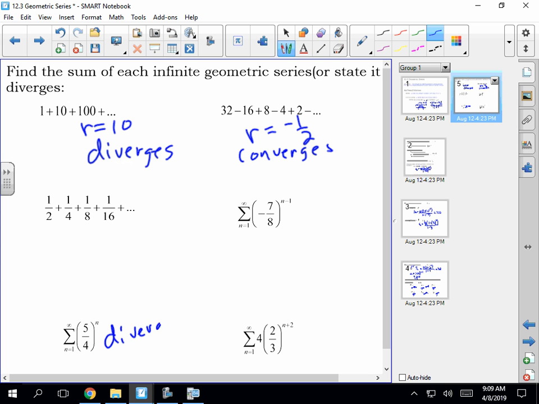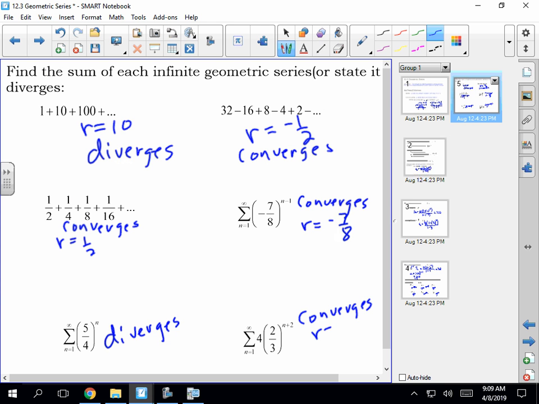Okay. So now, just write converges. This one converges. This one is r equals 1/2. And this one converges, and r equals -7/8. And this one converges. R equals 2/3.